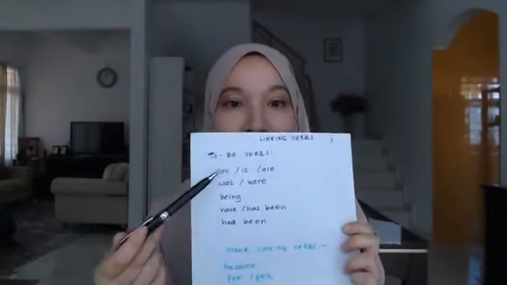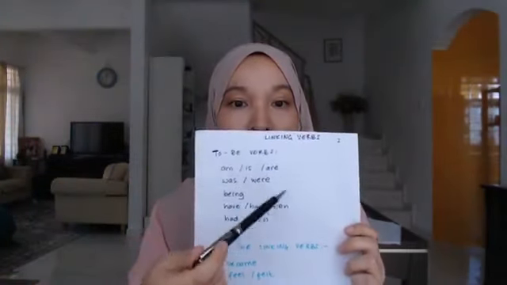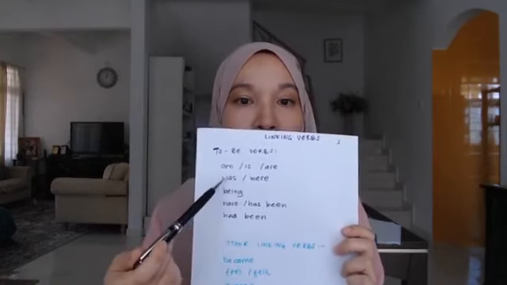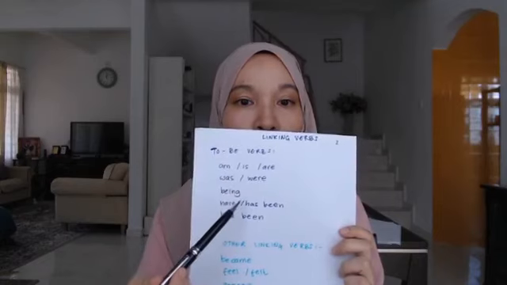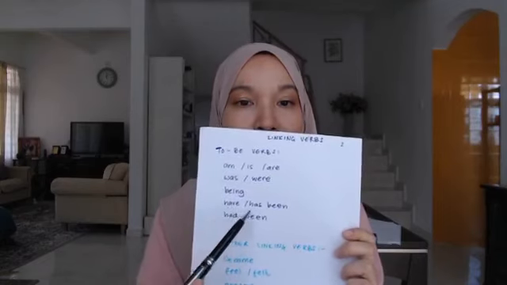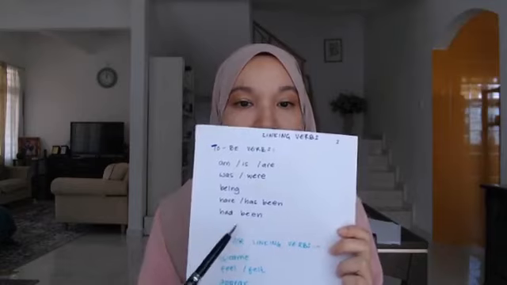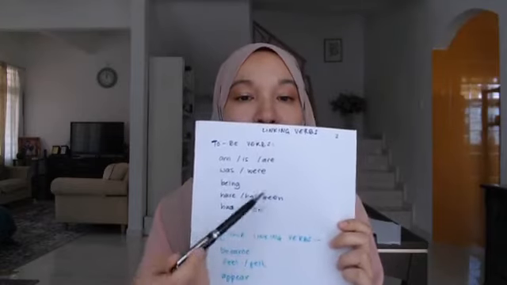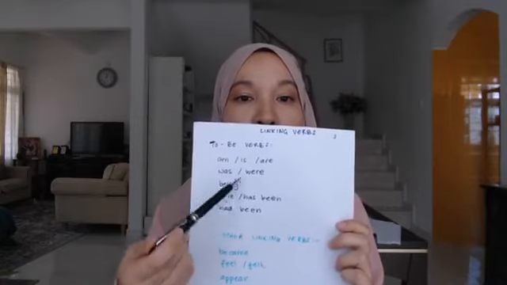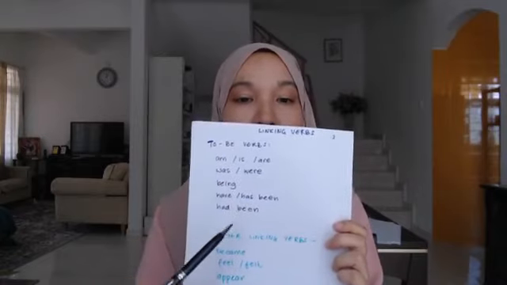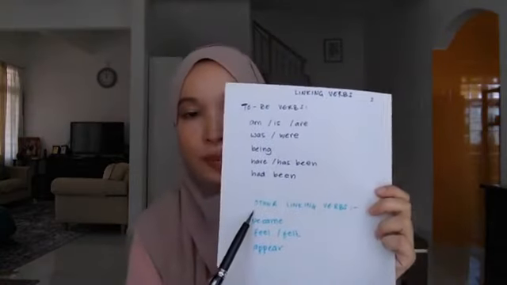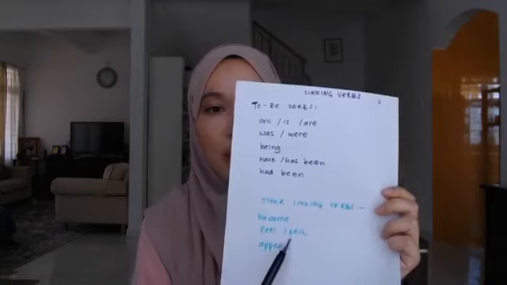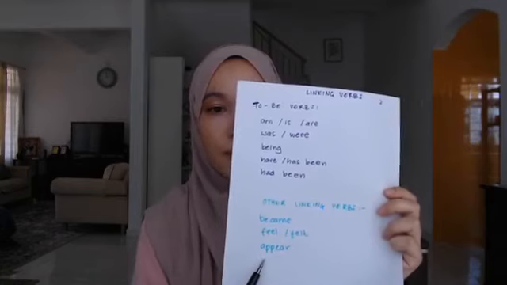These are what we call the to be verbs, which are part of the linking verbs: am, is, are, was and were, being, have or has been, and had been. I don't want to go into too much detail on these, but at least you know, right? And then there are other linking verbs as well, which are words like become, feel, felt, appear.